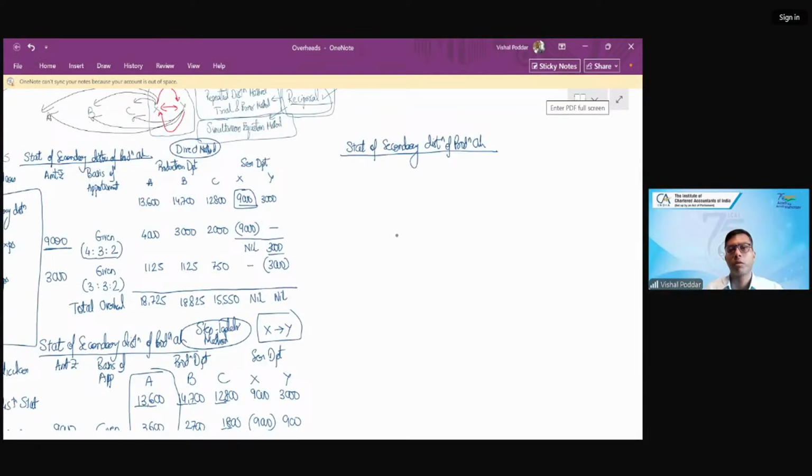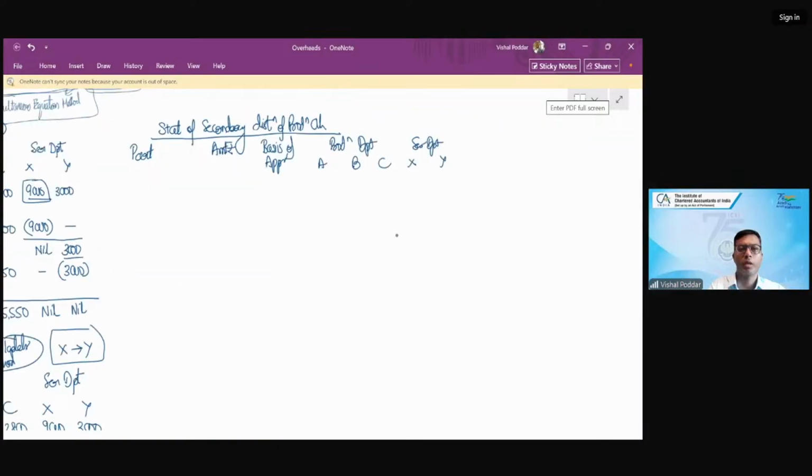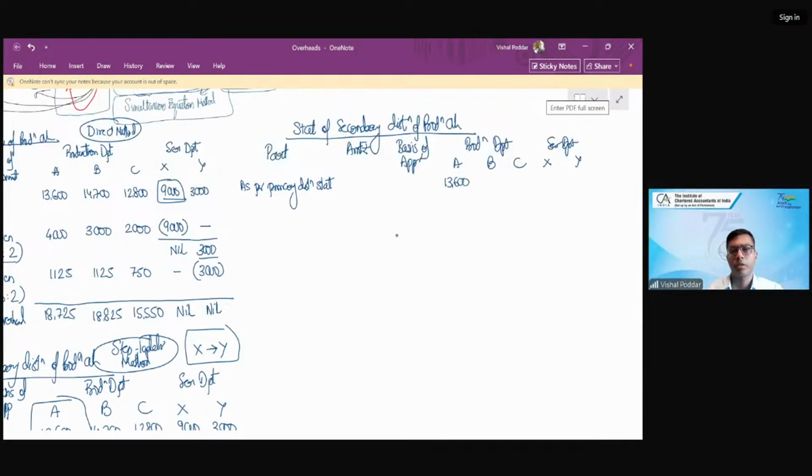Particulars, amount rupees, basis of apportionment, production departments A, B, C, service departments X, Y. As per primary distribution statement, correct figures are the same: 13,600, 14,700, 12,800, 9,000, 3,000.